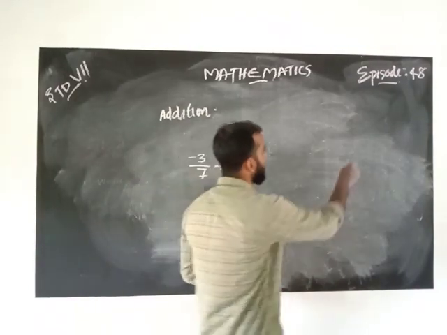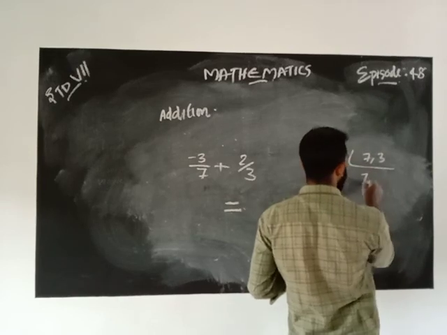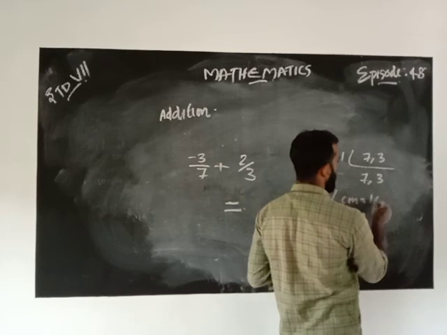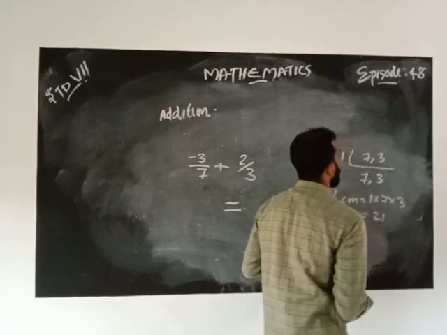Here we have 7 and 3. The common factors are 1, 7, 3, so the LCM is 1 into 7 into 3, which gives 21.